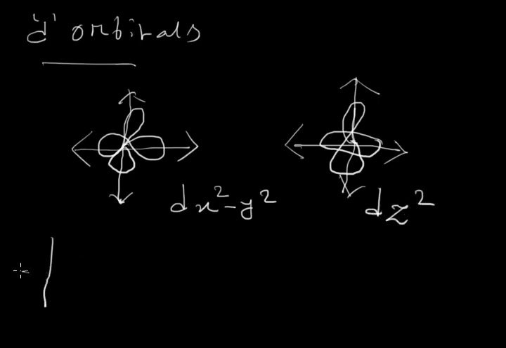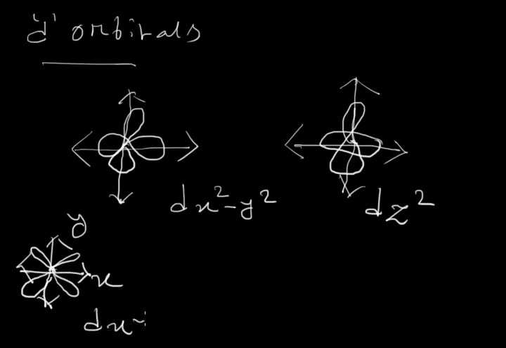And if the 4 lobes are directed between the x and y axes, making an angle of 45 degrees with the axes, then it is called dxy.